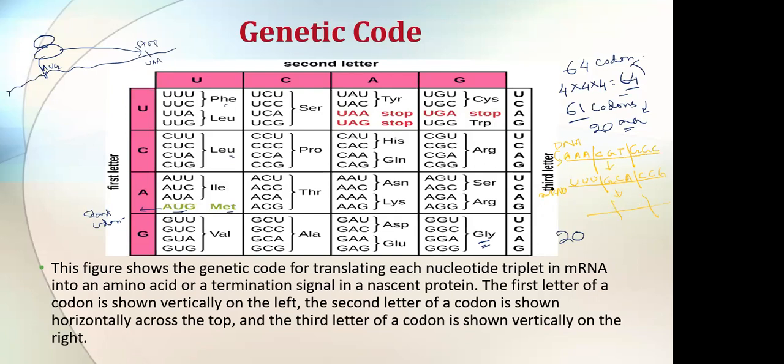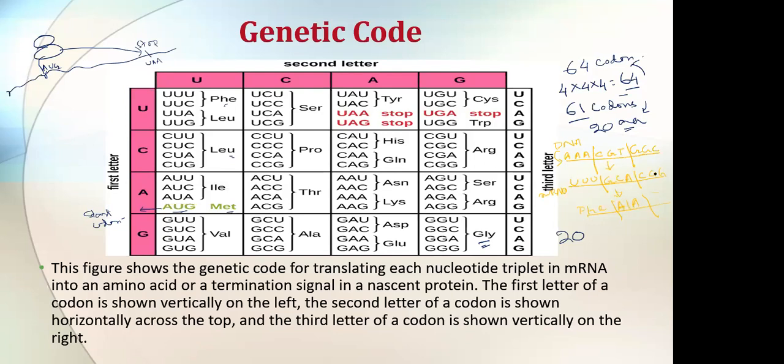So U, U, U. What is U, U, U? UUU means phenylalanine. So that's our first amino acid, phenylalanine. Then GCA, so G, then CA, alanine. So the second amino acid is alanine.